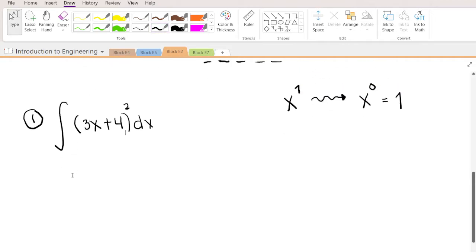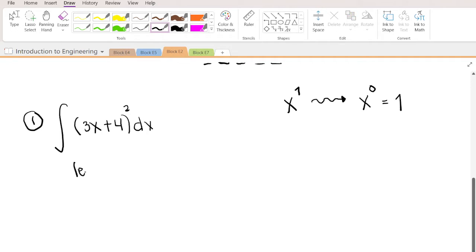To continue, we are going to let u be equal to 3x plus 4, and then differentiate, or get the derivative of, u with respect to x. The derivative of 3x is 3.